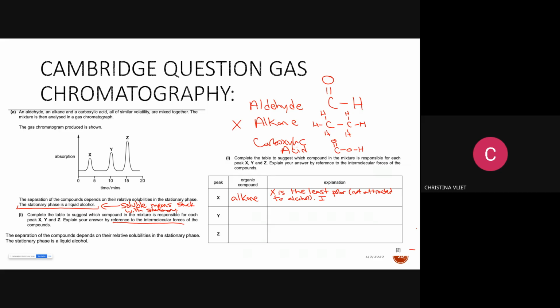So the way they want us to describe it is with intermolecular forces. What's the intermolecular force here? X has ID forces, or dispersion forces, and will move the quickest, so it has the lowest retention time. All right, so then what would be Y?